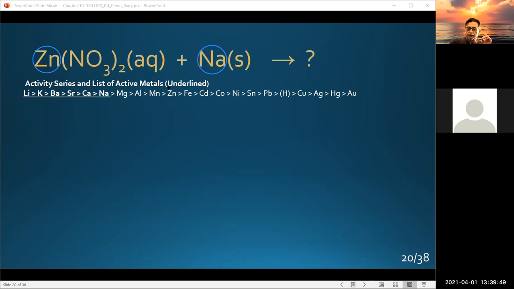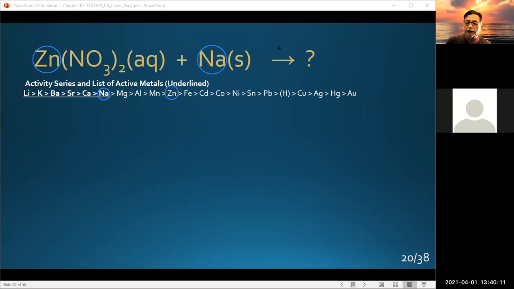So we've got to find it. Here's zinc right there. And here is sodium. And so obviously sodium is much more reactive than zinc. Okay.